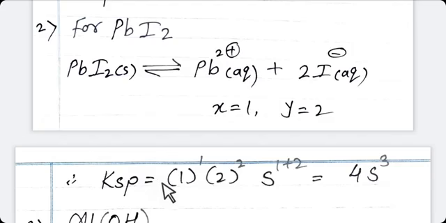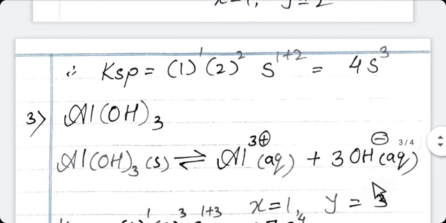We have X raised to X means 1 raised to 1, Y raised to Y means 2 raised to 2, and S raised to X plus Y means S raised to 1 plus 2. So we are getting 4s cube. The value of solubility product is 4s cube.